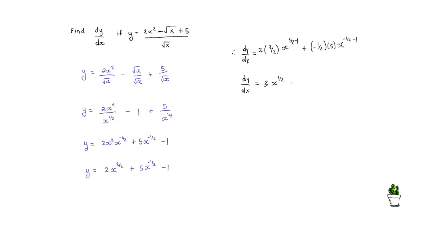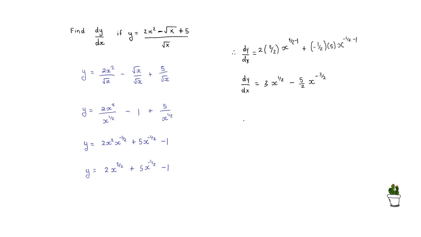2 times 3 over 2, which is just 3. This is x to the exponent 1/2. Then we're going to have minus, that gives us 5 over 2, x to the exponent minus 1/2 minus 1. That leaves us with the exponent of negative 3 over 2.